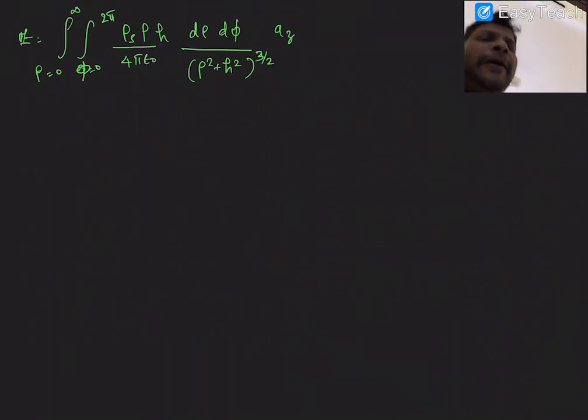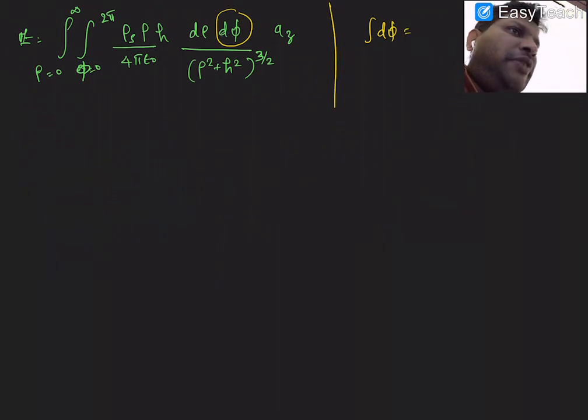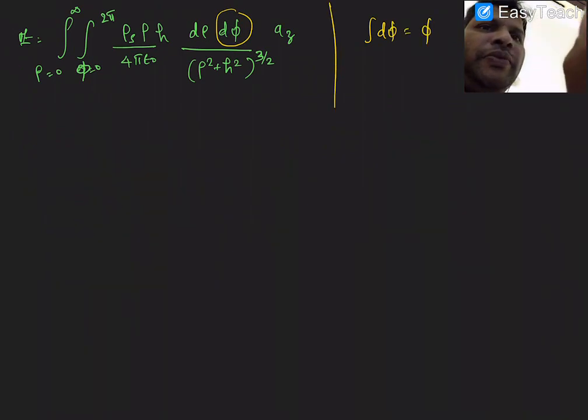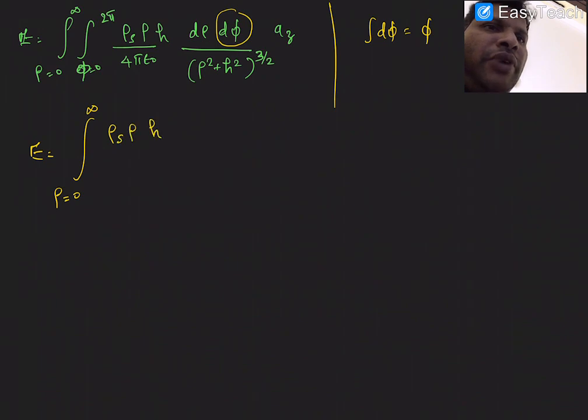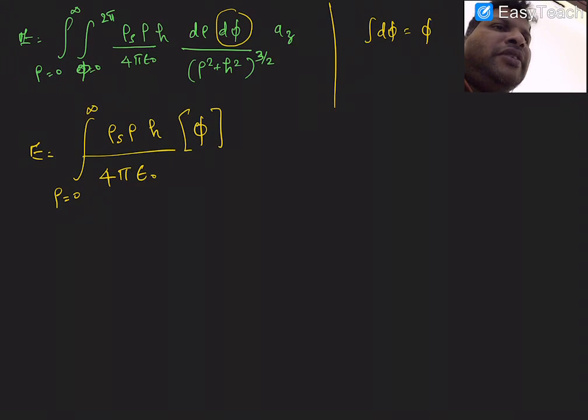Okay. Now we are integrating with respect to phi. We are first integrating with respect to phi. So what is the integral of d phi? Integral of d phi is equal to phi. So electric field becomes integral rho changes from 0 to infinity, then rho s into h divided by 4 pi epsilon 0, then integral of d phi is phi, and phi changes from 0 to 2 pi.